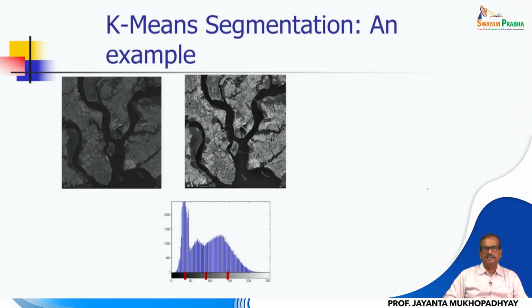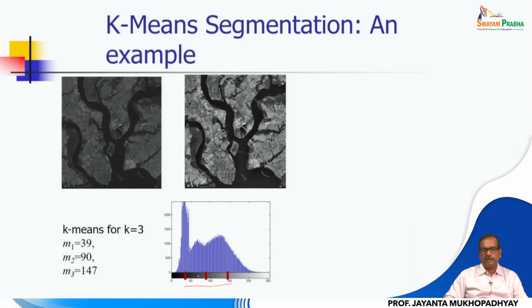If I use that histogram and apply k-means clustering with k equal to 3, these are the positions of the centers, approximately 39, 90 and 147, as shown in this plot.